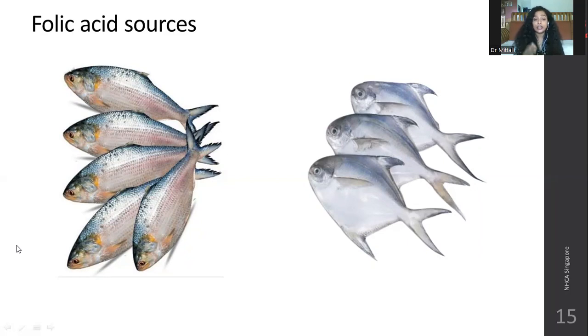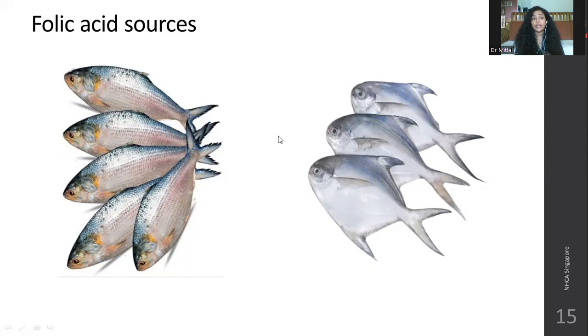These green leafy sources are for vegetarians. And fish like hilsa and pomfret. This is the hilsa fish which you see on the left side of the slide. And this is the pomfret fish on the right side. A really good source in the textbook.